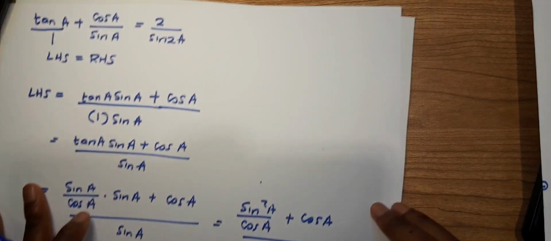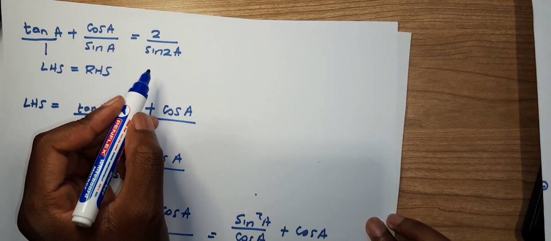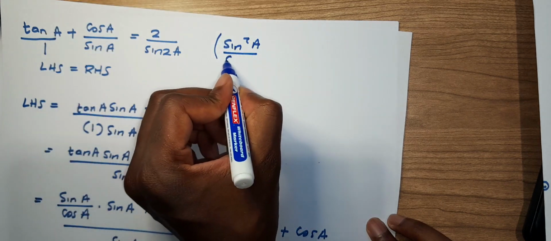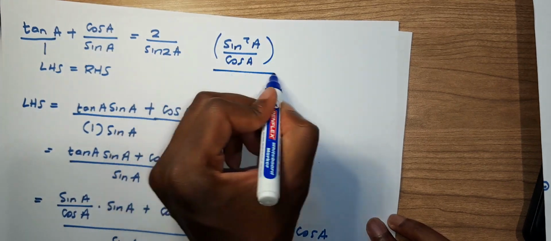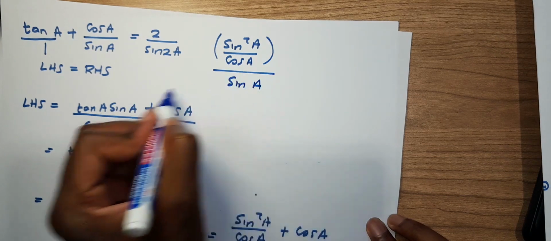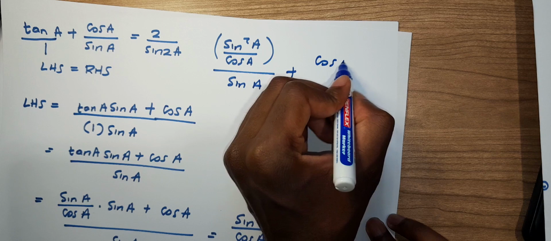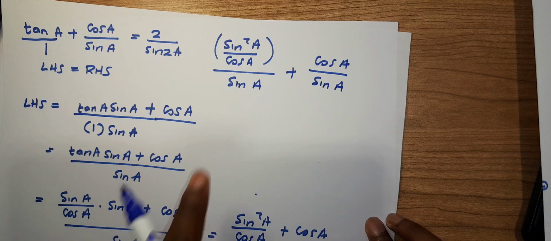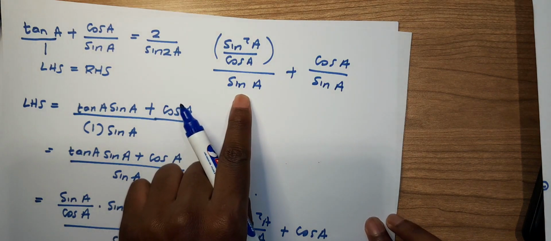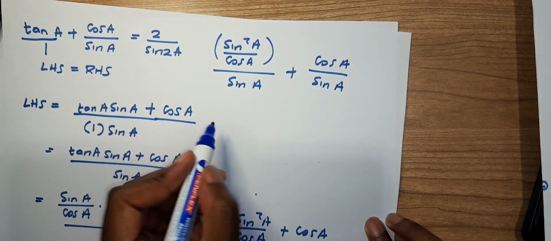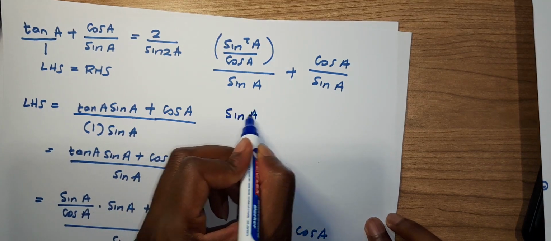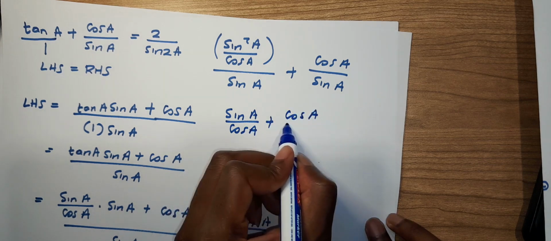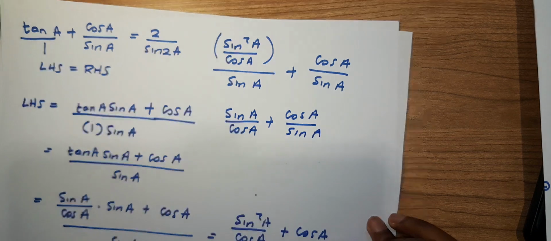This is the same as having the sine square of A divided by the cos of A, again divided by the sine of A, plus the cos of A divided by the sine of A. So here the sine will actually divide with one sine. So I'm going to have the sine of A divided by the cos of A plus the cos of A divided by the sine of A.